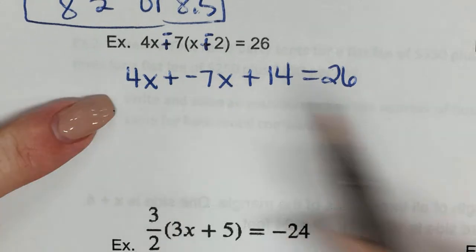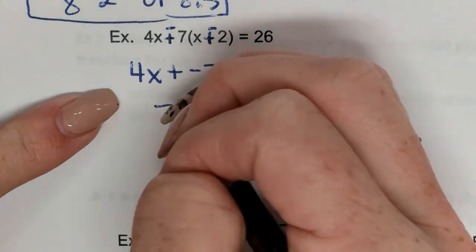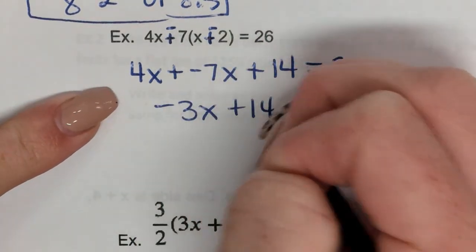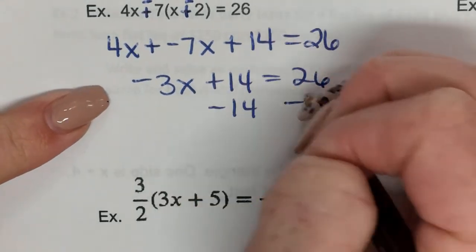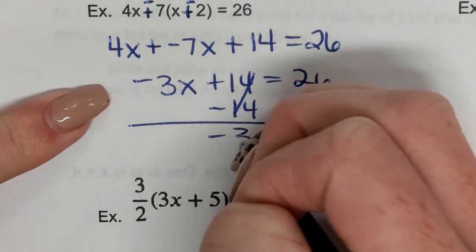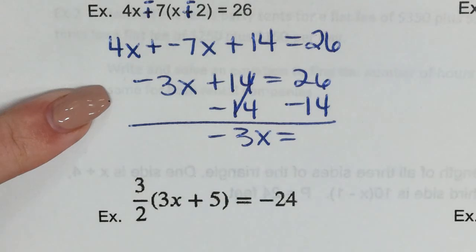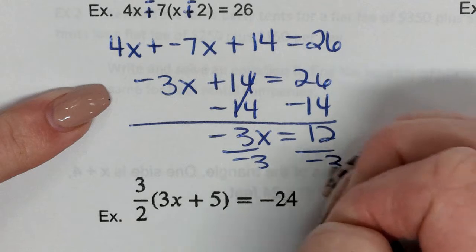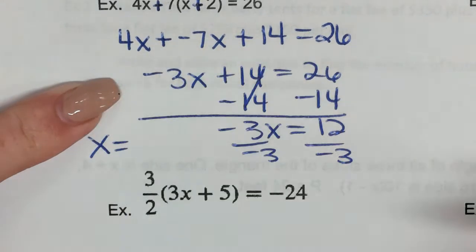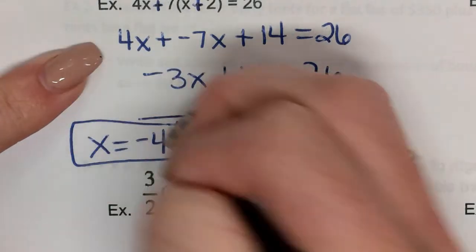All right, what's 4x plus negative 7x? Negative 3x plus 14 equals 26. Subtract 14. So I have negative 3x equals, and 26 minus 14 is 12. Divide by negative 3, and I get x equals negative 4.